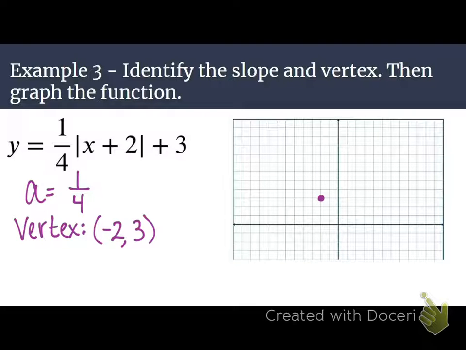So there's my vertex. That's the point that I'm starting from. From there, where should I go? Up 1, right 4. We still use our slope like a rise over run. So to start my V, I'm going up 1, right 4.